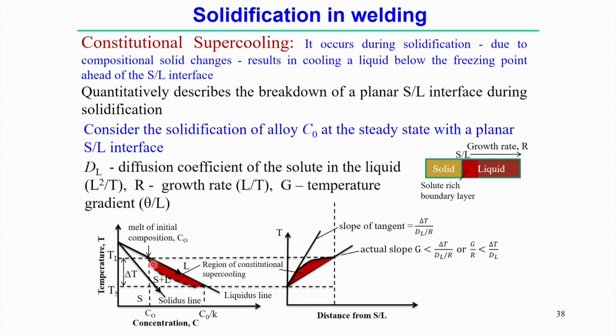That constitutional supercooling is marked by the red color, and the temperature difference in this case is delta T. That delta T on the temperature axis is represented between TL and TS, that is the amount of temperature decrement with respect to the initial composition.